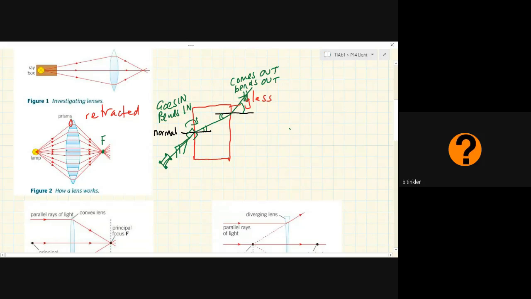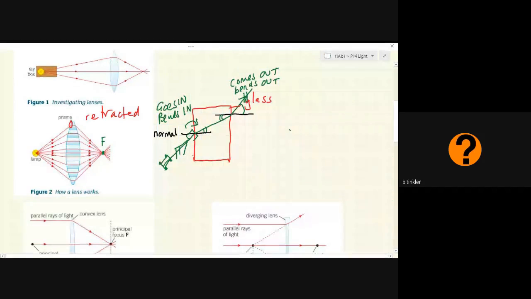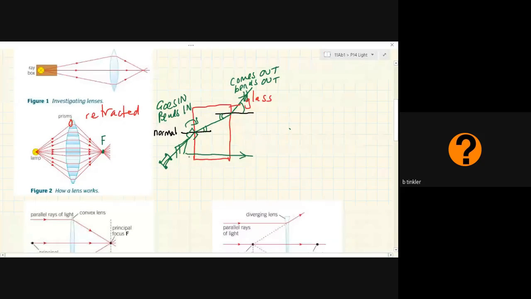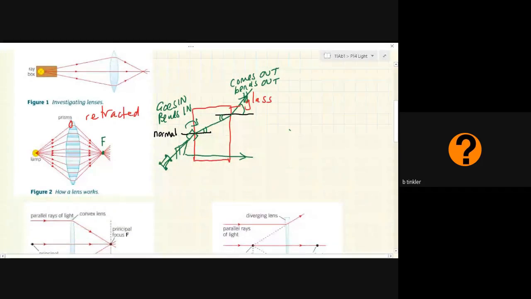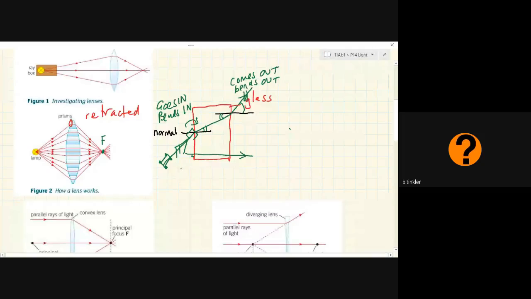Notice that this ray of light that's hitting the center of the lens, which is effectively a rectangular piece of glass right in the middle, goes straight through without deviating, because it has hit the surface at right angles and therefore won't change direction.